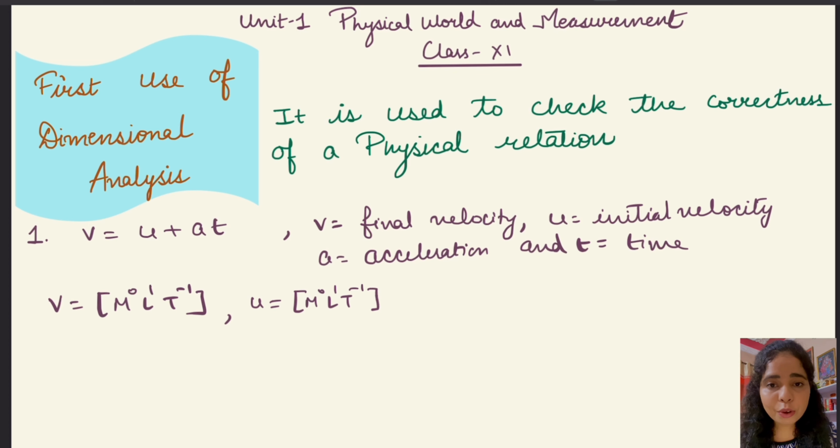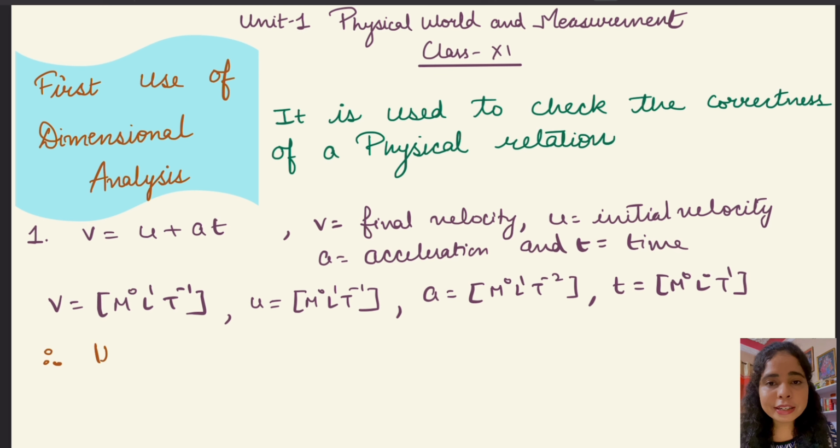Similarly, u is velocity, although it is initial velocity, but still it is velocity, therefore it has dimensional formula M0 L1 T minus 1. The dimensional formula for acceleration is M0 L1 T minus 2, and the dimensional formula for time is M0 L0 T1. Now we will put these dimensional formulas in the equation whose correctness we are going to determine, that is v is equal to u plus at.